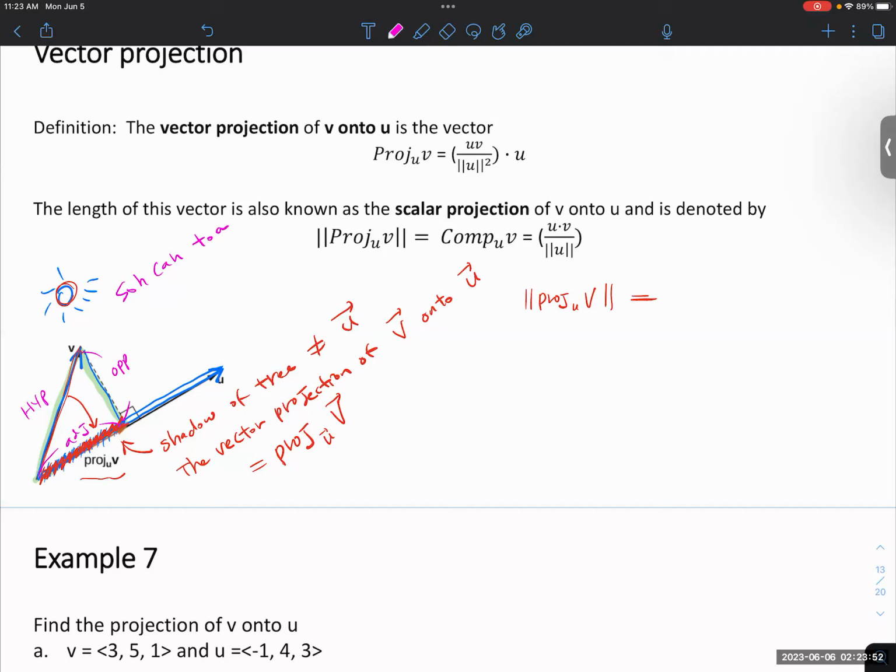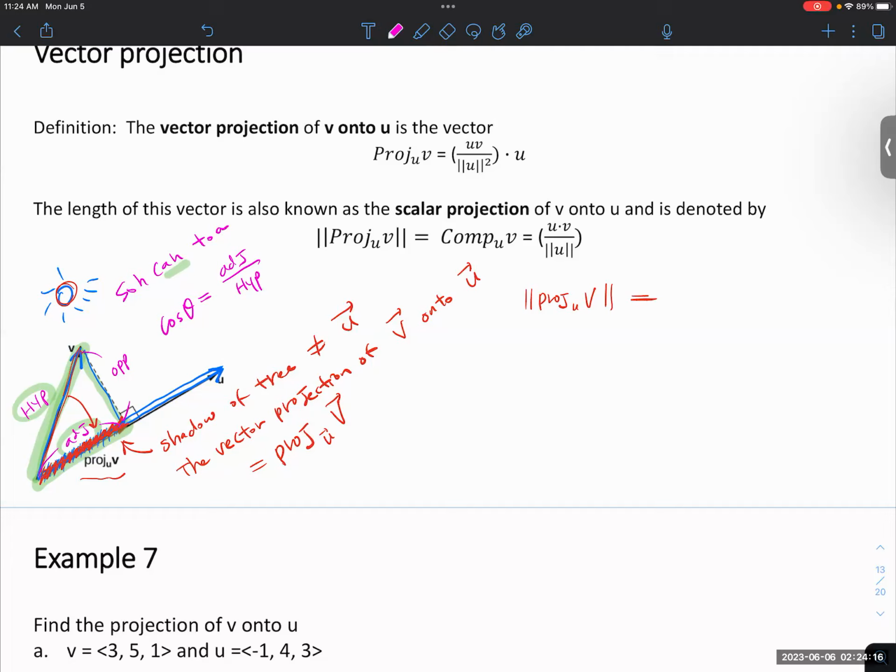We can use cosine theta, because these are given. So this u vector is a given. This is the combination between hypotenuse and adjacent. Hypotenuse and adjacent create the cosine, because cosine theta is what? Adjacent over hypotenuse. Are you following?